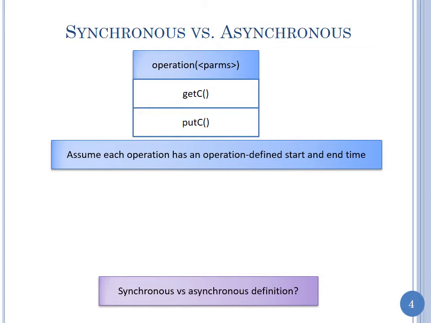Somehow these two times are involved in distinguishing between synchronous and asynchronous operations. So put on your thinking hats and try to figure out how you might use these two times to define these two kinds of operations.